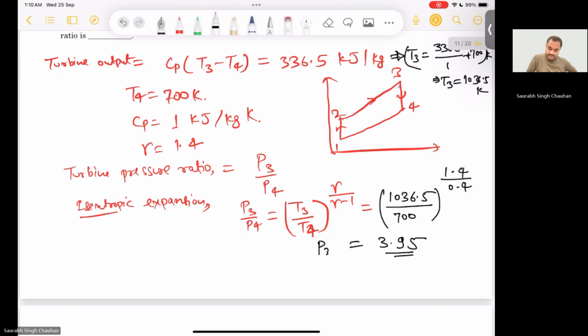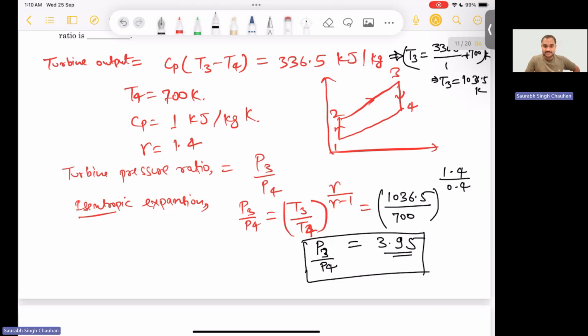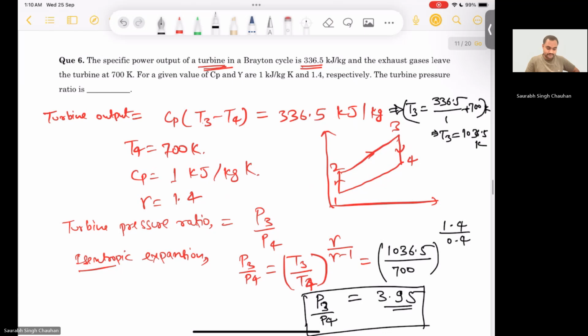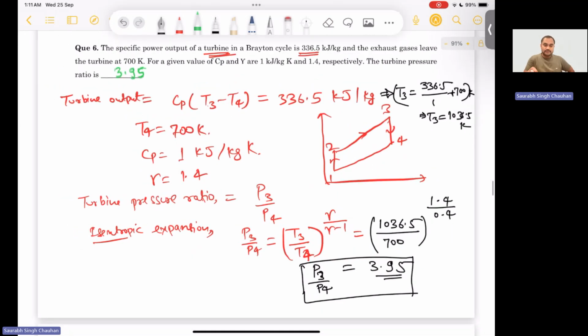So this is P3 by P4, this is our turbine pressure ratio, right? I hope this is clear, and we can move to the next question.